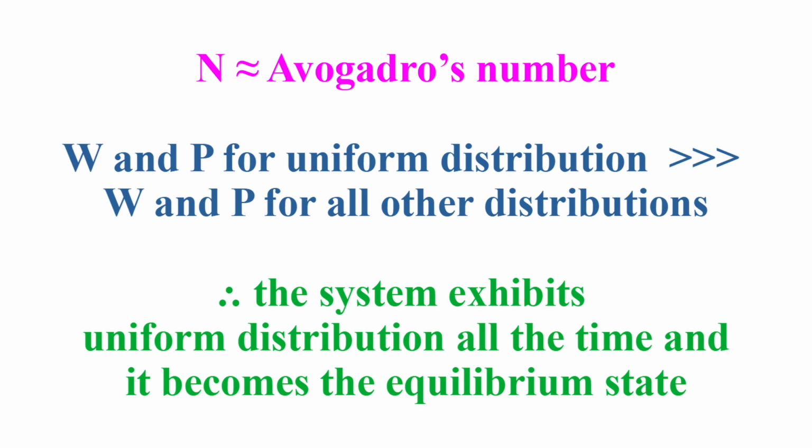This uniform distribution in space at the microscopic level determines all the macroscopic properties of the system at the macroscopic level. Since, according to the second law of thermo, every spontaneous process in nature tends to reach a state of maximum entropy, the equilibrium state corresponds to this uniform distribution associated with maximum entropy.